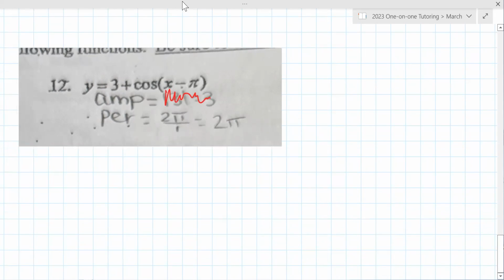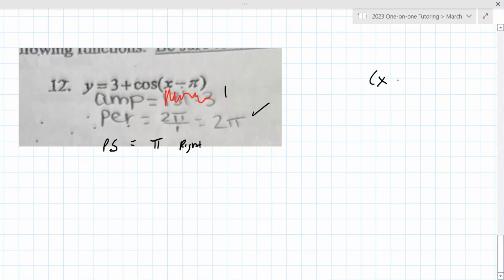What is the correct amplitude on this one? It is 1. Just 1. Period is 2 pi. That's good. This one does have a phase shift. PS is phase shift. It's pi, but is it left or right? It's going to be right. Yes.